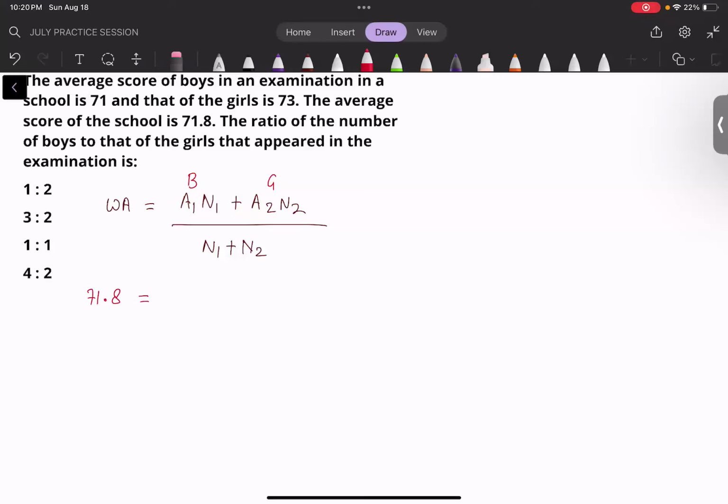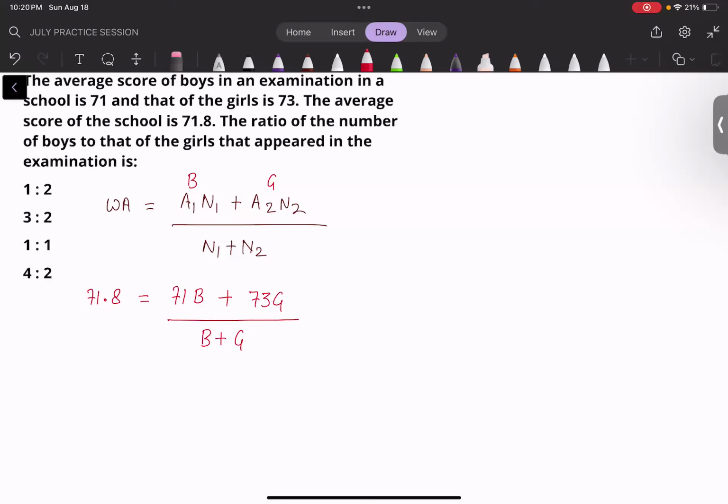Average of the boys is 71. Number of boys, let's say B is the number of boys. Average of girls is 73. Number of girls, let's say G. So N1 is B, N2 is G.